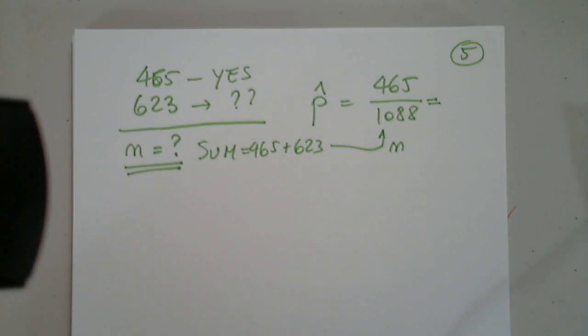So I'm going to share my screen. I'm going to divide. I got 0.427, to 3 decimal places. Excellent. Well done. Okay. Now, careful with this because the table is created only for positive values.